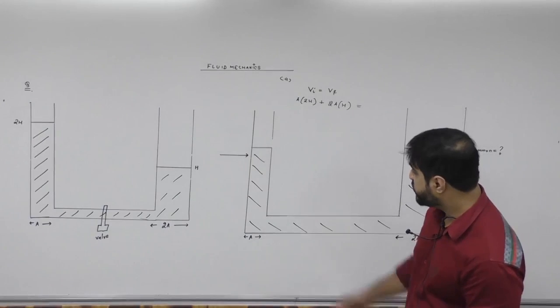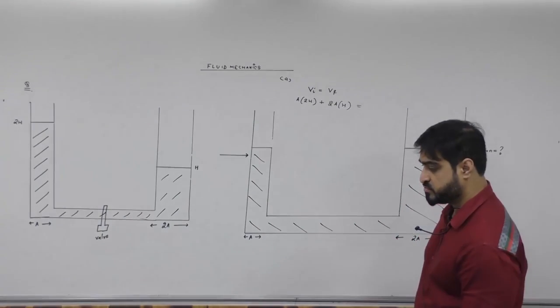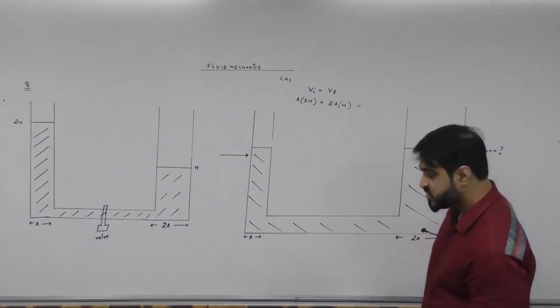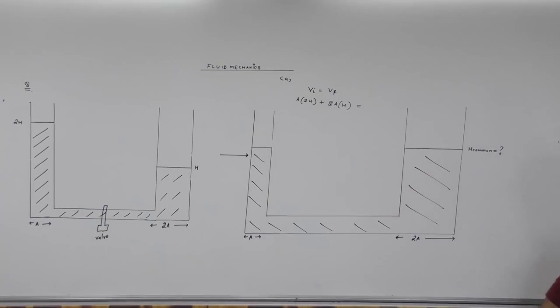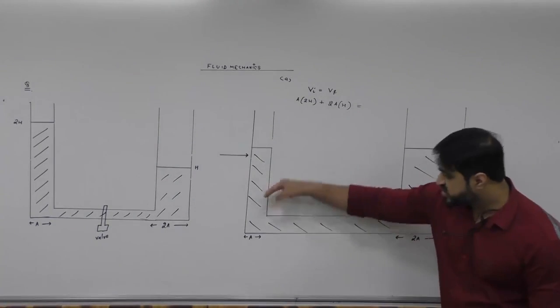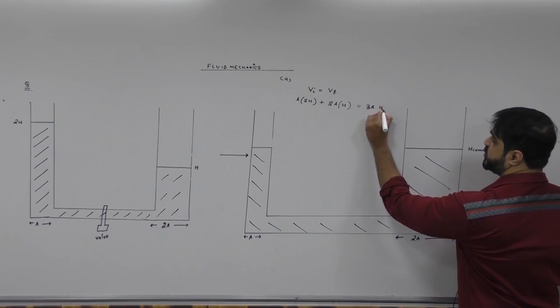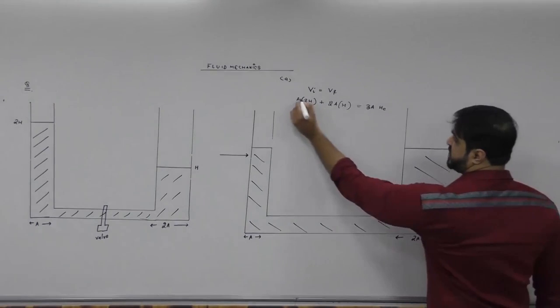How much is the final volume of this part? A into H common. This part I am not considering. It will become 2A into H common. So total, how many A's are there? 3A into H common. So A will cancel throughout.